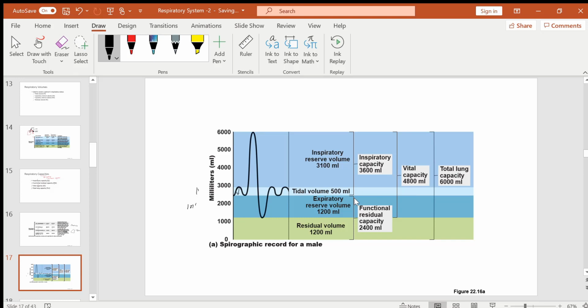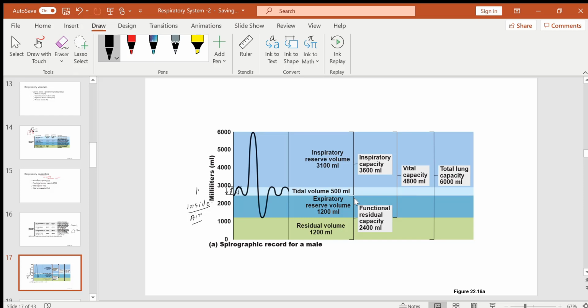Remember, how much air is inside the lung. So when you inspire, the air amount inside the lung goes up, like 500 milliliter, right? When you expire, it goes down 500 milliliter. So this is the normal tidal volume.